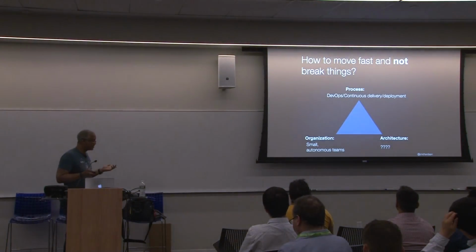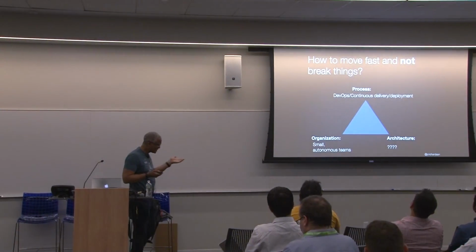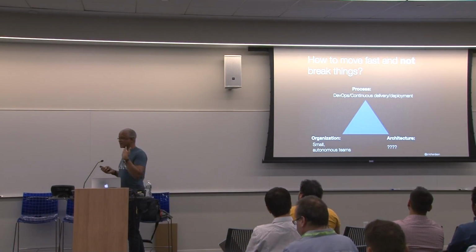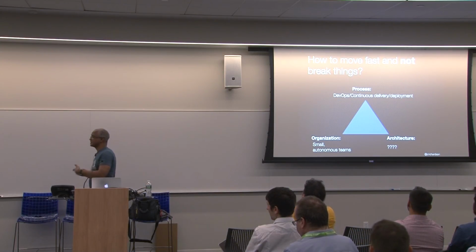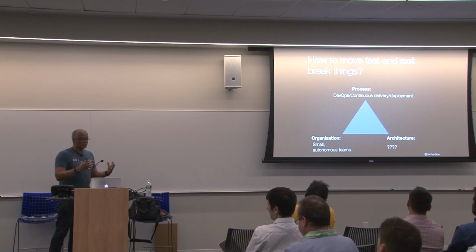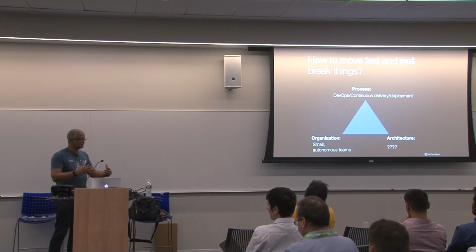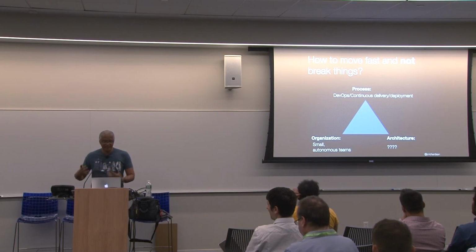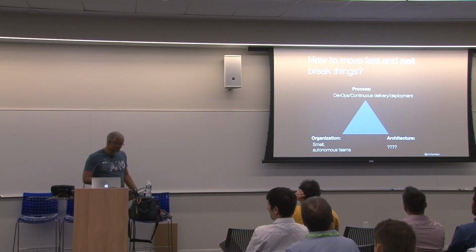So the question is, how do they do this? It turns out that it's a combination of the right processes, specifically DevOps, continuous deployment, continuous delivery, the right organizational structure, small autonomous teams. But then there's this question about architecture, because architecture is a key enabler of those other things.